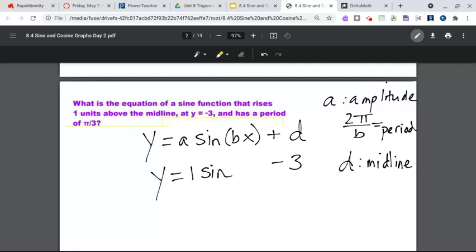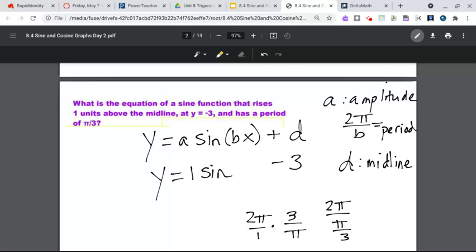Well, if we know that 2 pi over b equals the period, then b will be 2 pi over the period. So we're going to do a little calculation down here: 2 pi over pi over 3, because we need our b value for the equation. So we're going to go 2 pi over 1 times 3 over pi.